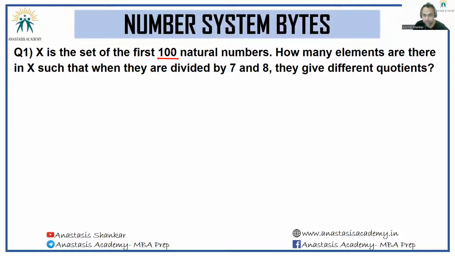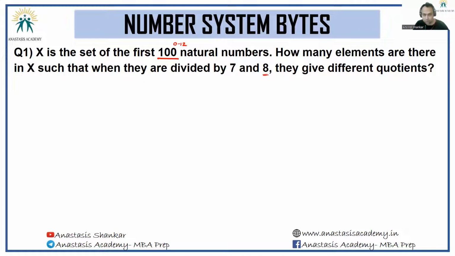Up until 100, possible quotients where 7 and 8 give me the same quotient would lie in the range 0 to 12 only, because the highest multiple of 8 under 100 is 96 and it can go up to there.